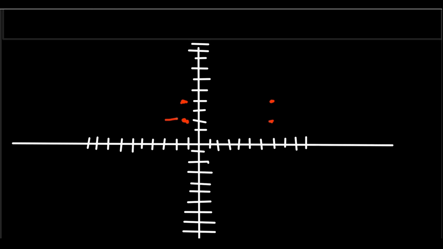And this point, I'll just label it as we did before. That is (-1, 2). We know that for sure. That point, we just went up 2, so that is just (-1, 4). This one we went across 8, so this will be (7, 4).